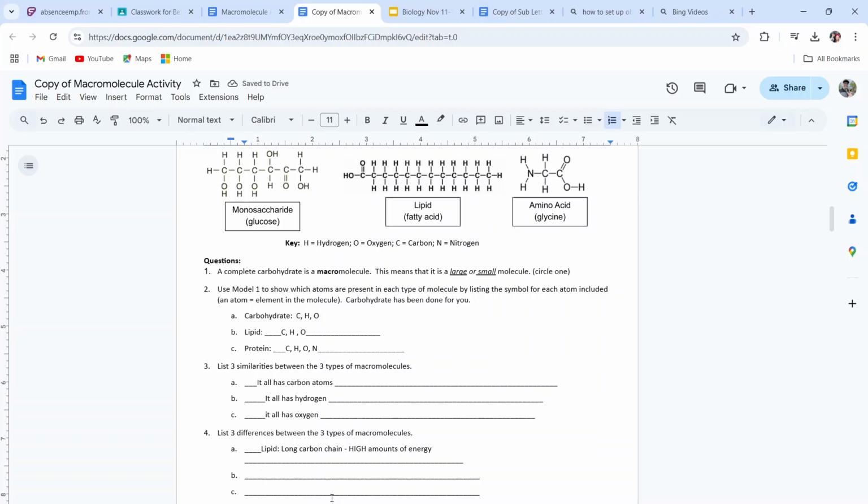The glucose, or the carbohydrate, is a short chain that has moderate energy and is used for quick energy. This is going to get you the energy through the day.